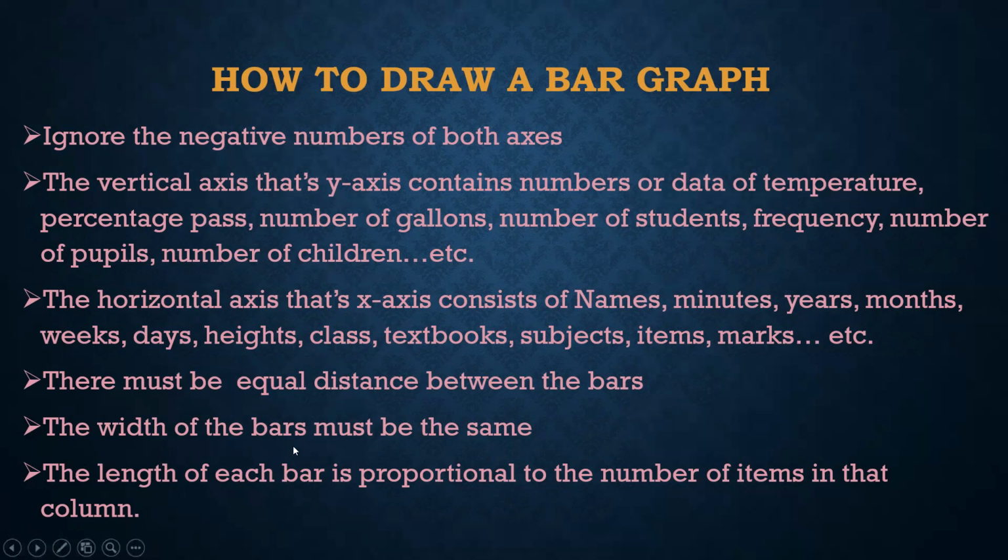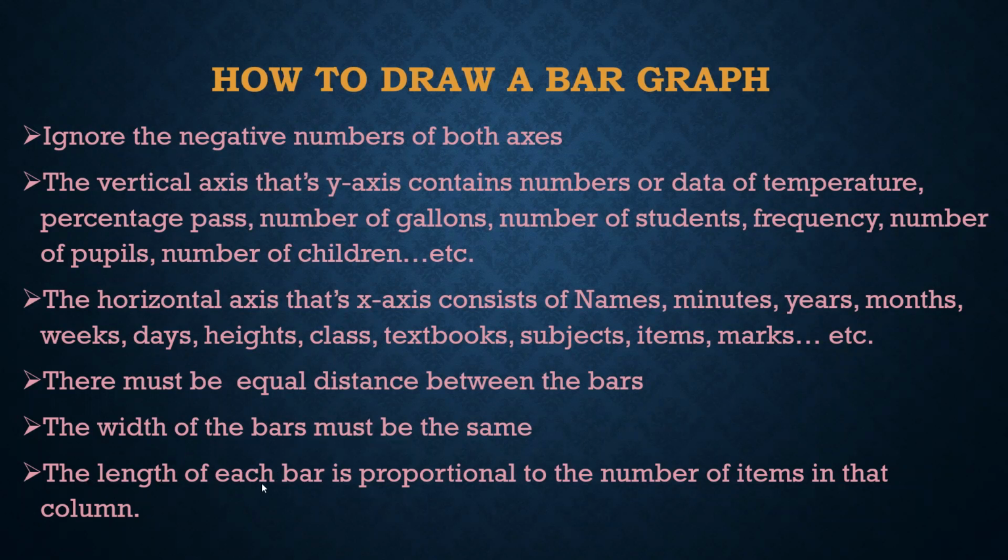The width of the bars must be the same, which means the size of the bar must be the same. The size has nothing to do with the height. The base of the bars must always be the same.